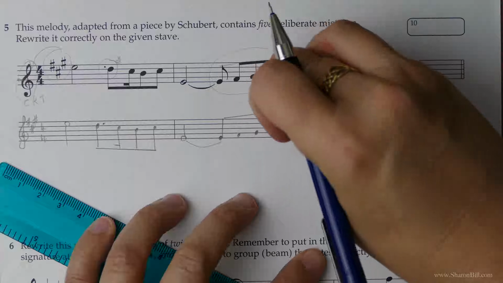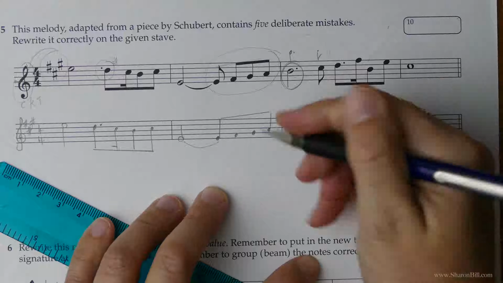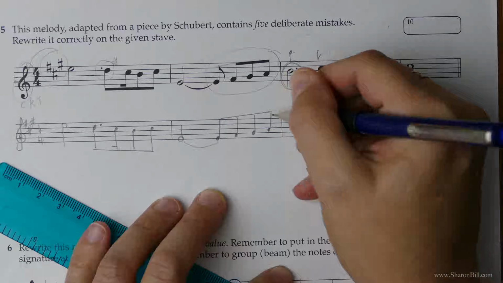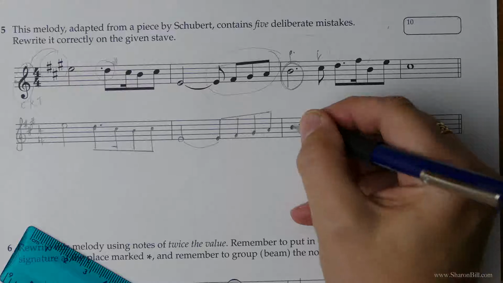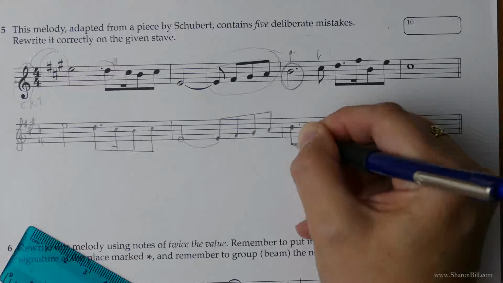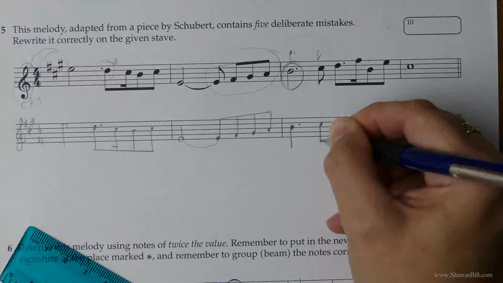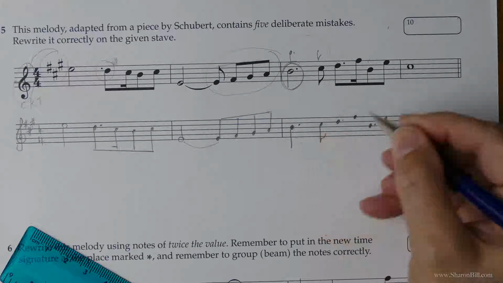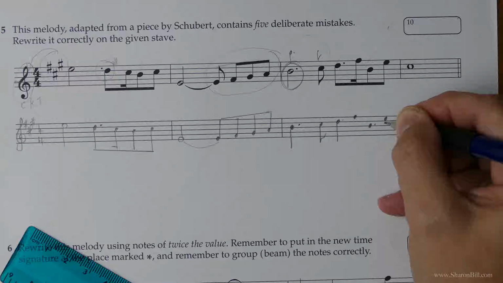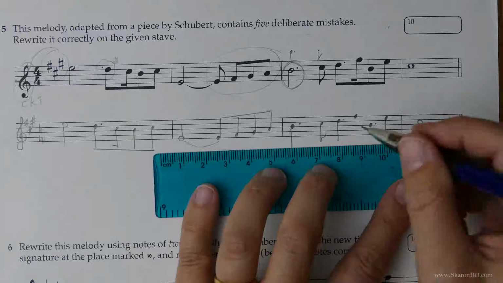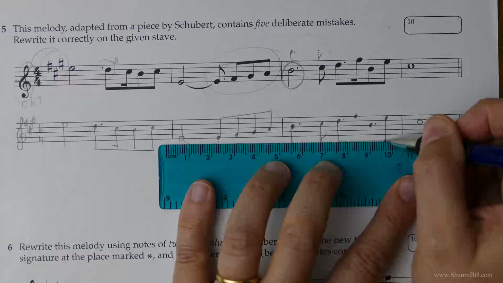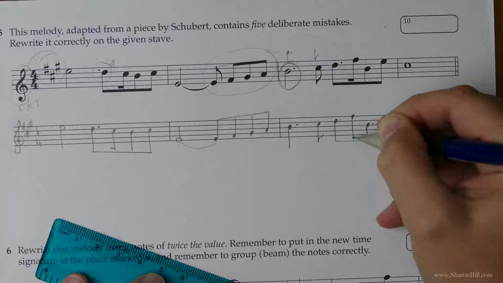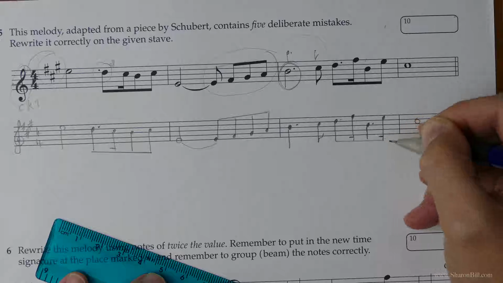We can beam all 4 quavers into 2 beats' worth, into a half note's worth. Here this now needs to be coloured in. So dotted crotchet, quaver, dotted quarter note, eighth note, now makes the correct time. There's 2 beats, and then here's the remaining 2 beats in that bar. Just finish copying these, and then that's correct.